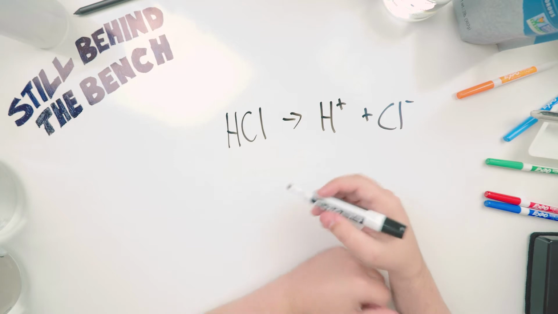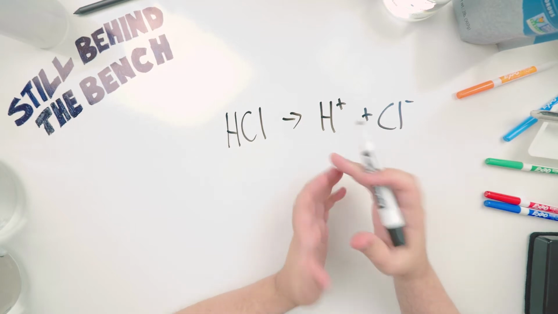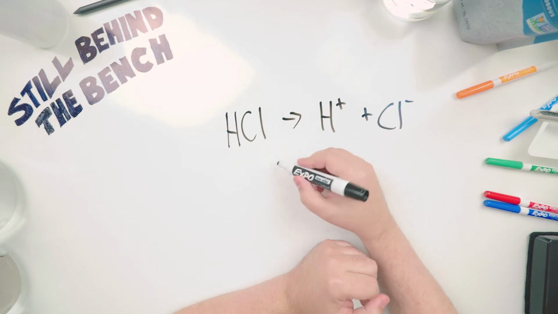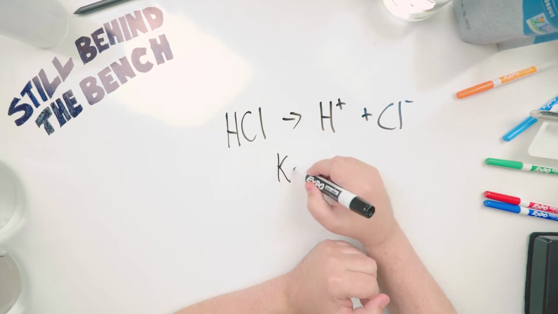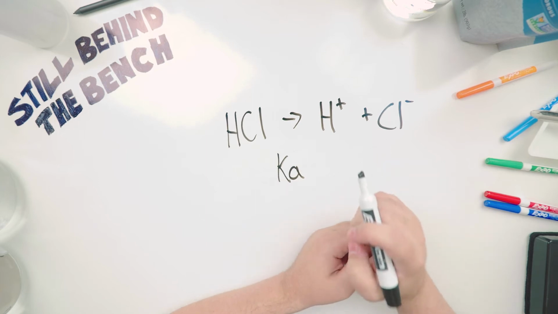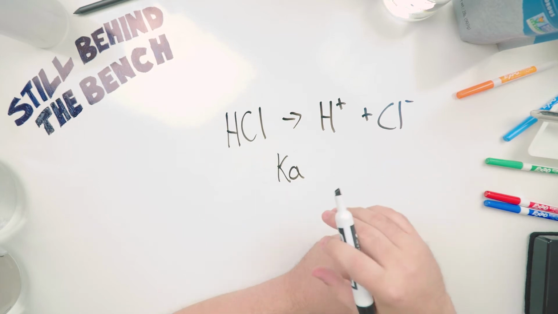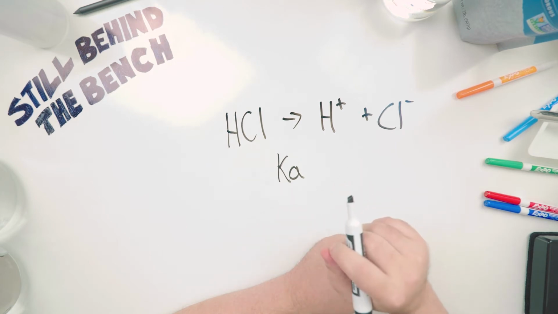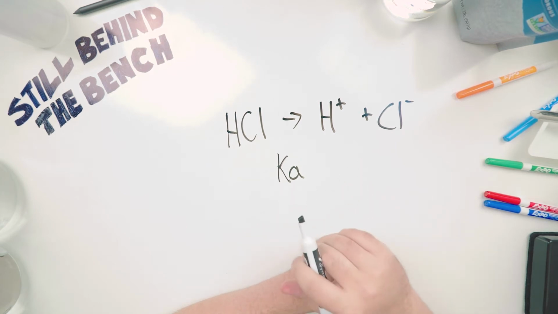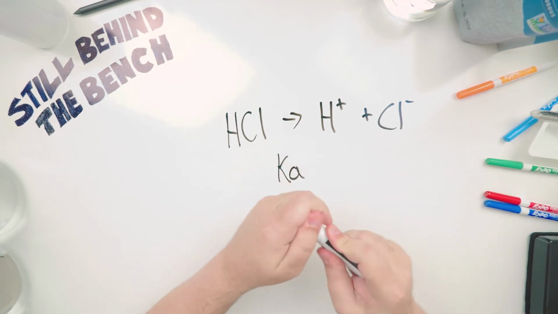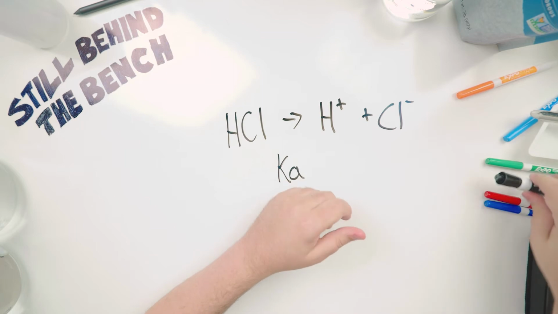But when it comes to a weak acid, only some of it will dissociate. How much dissociates is based on a value called Ka, which represents the acid dissociation constant. The conjugate base of that weak acid will dissociate the same amount as the weak acid, since it's a salt that is the result of a reaction of that weak acid and some other base.